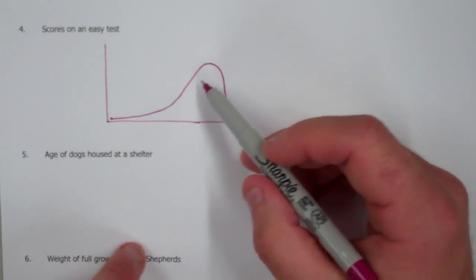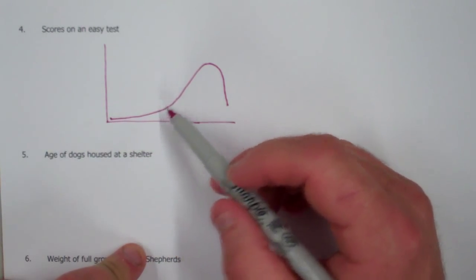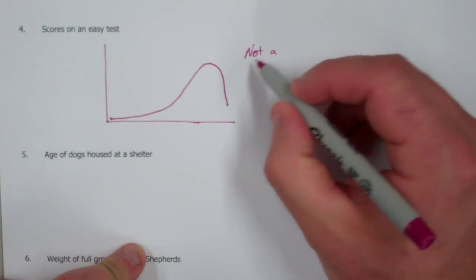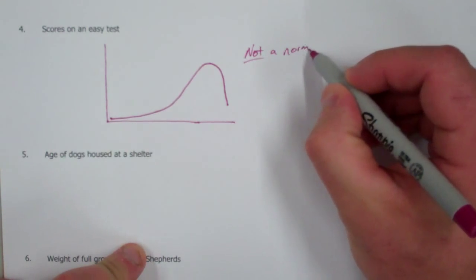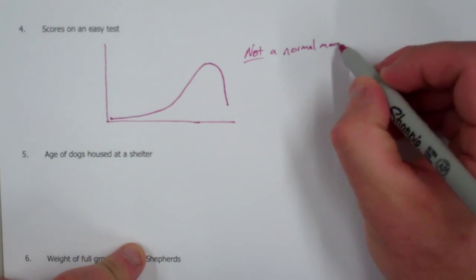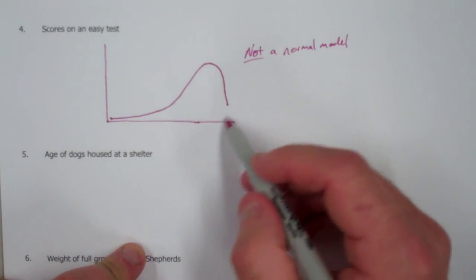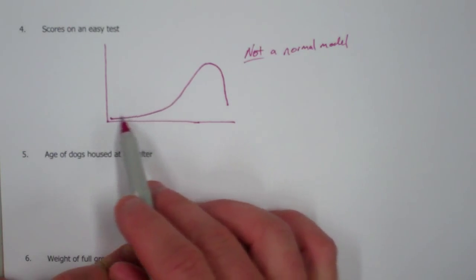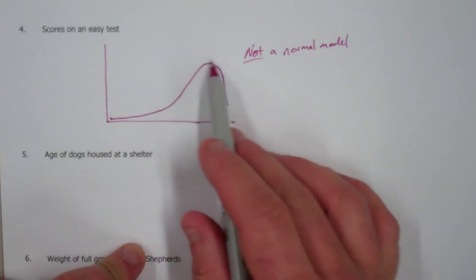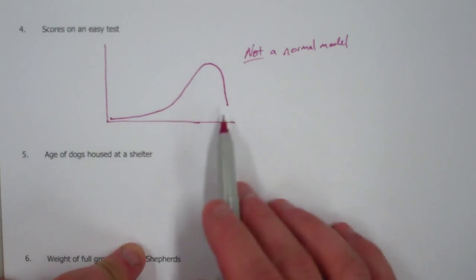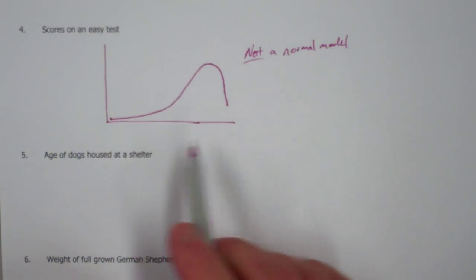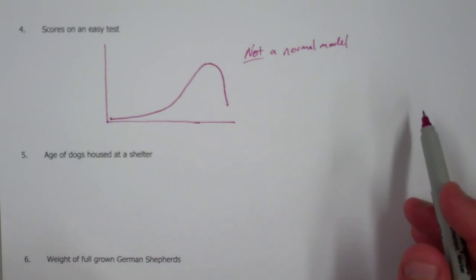So even though this is kind of bell-shaped, it's skewed, and so we would say that this is not a normal model. Okay, and the key here is that it's an easy test. So lots of people will score over here. There will be some people that just didn't quite get it, and that will skew the data, but most of the data will be way over here on the right-hand side. In this case, we'd say it's skewed to the left, though. We always say it's skewed towards the tail where those outliers might be.